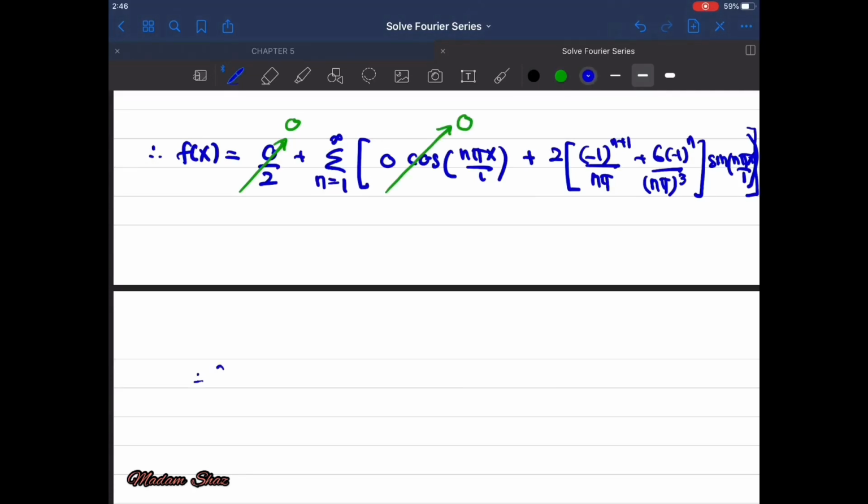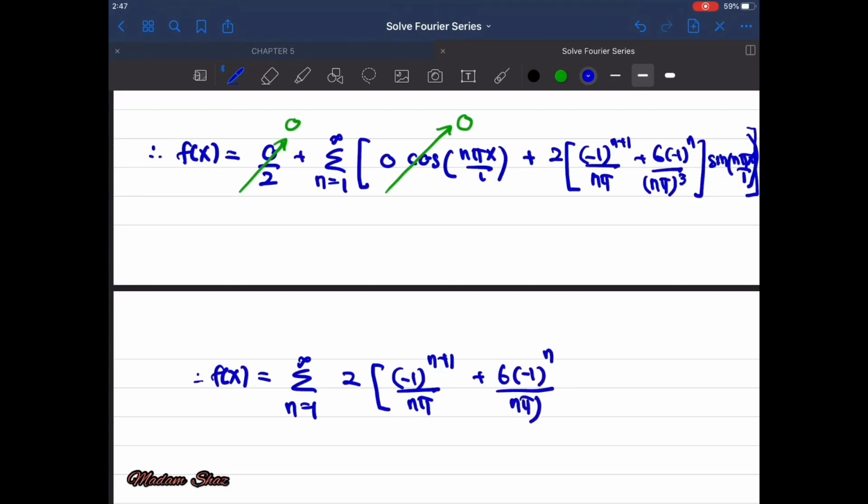So therefore fx is equal to summation n equal to 1 until infinity, negative 1 n plus 1 divided with n pi plus 6 negative 1 n pi the power of 3 multiply with the sin n pi x.